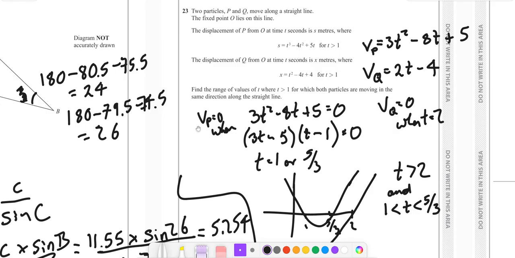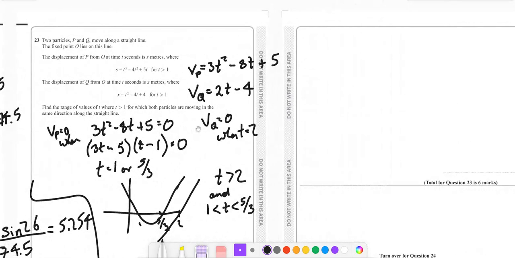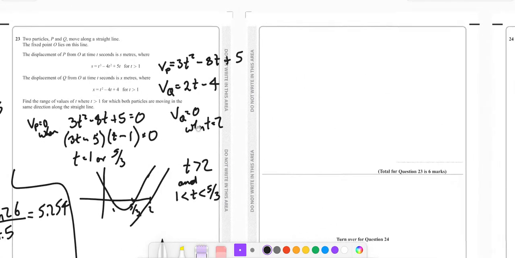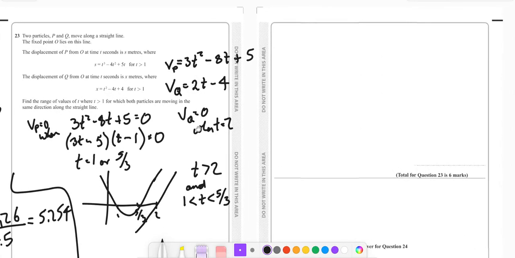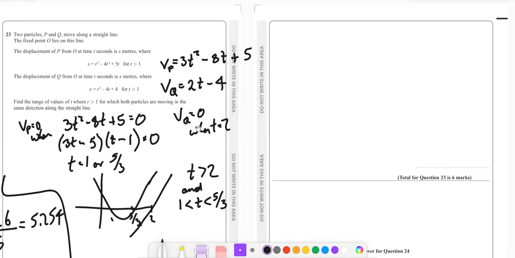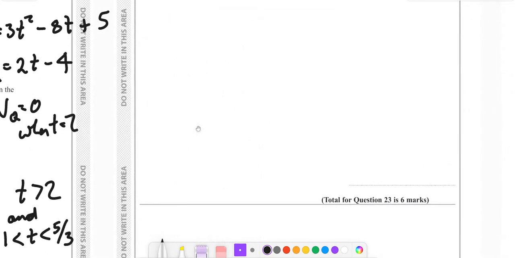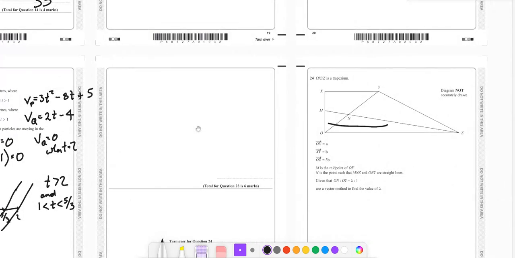Okay, that's quite tough, but I hope that makes sense to you. So it's all about differentiating to get velocity, then looking at when they're the same direction, so when they're either positive or negative.